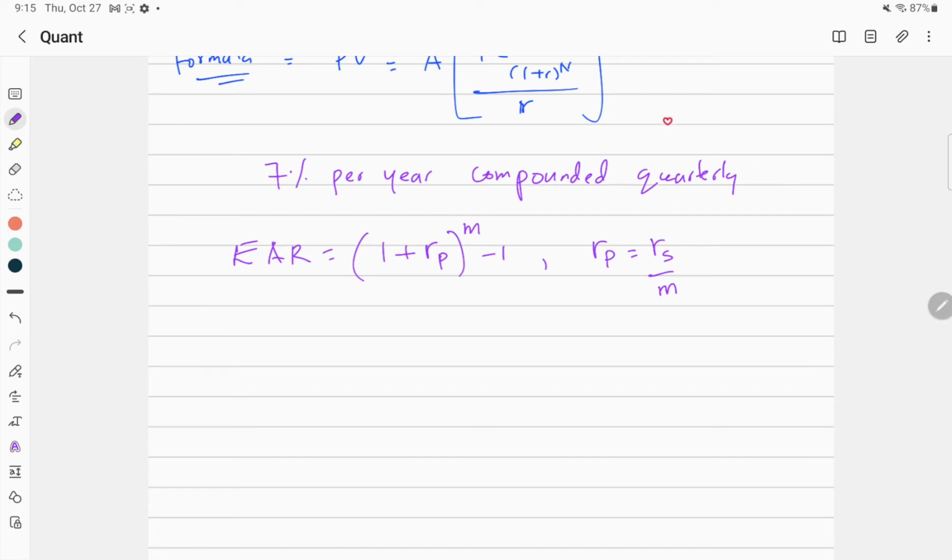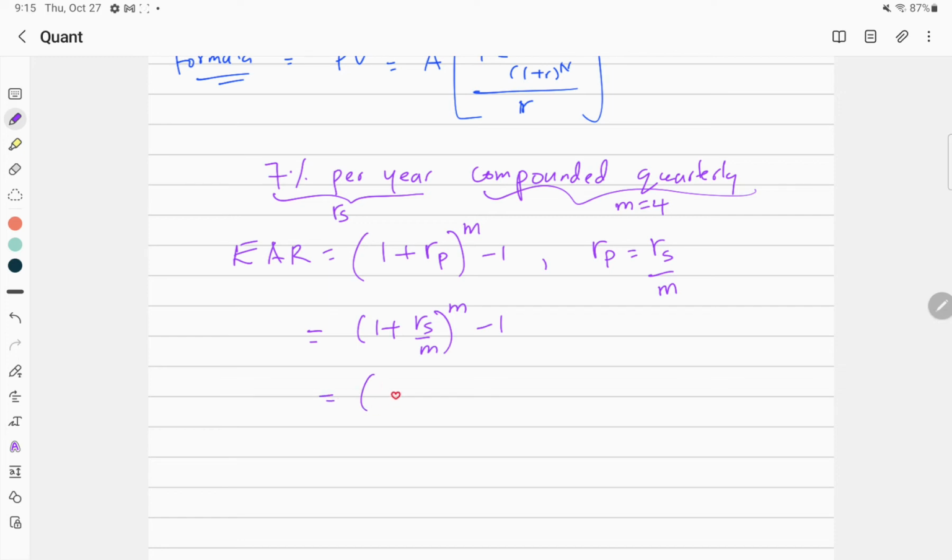So in this case, this part is the stated interest rate. This part is our M, which is 4 because it's quarterly, 4 times a year. So using this, we can calculate the effective annual rate as 1 plus RP, which is RS over M, raised to M minus 1.